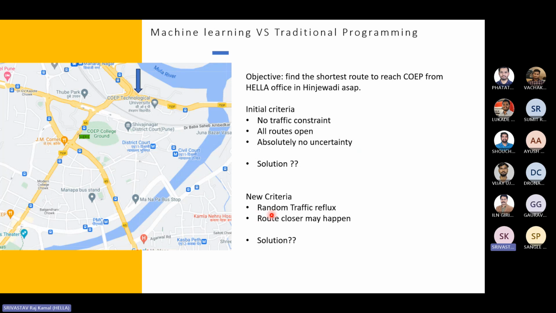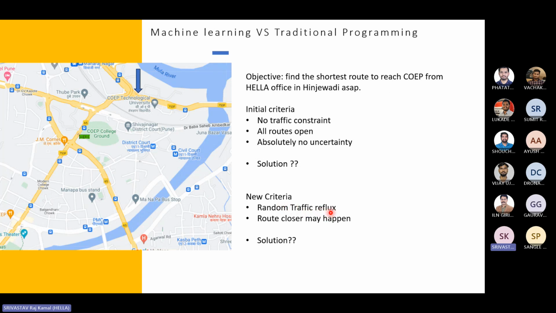Now, if I say that there is random traffic flux, you do not know which route is going to close at any point of time. Some VIP crossing, some of the lines, that route is closed in real time. Now you tell me whether you can tell me the shortest path preemptively. Now we have many uncertainties. What two uncertainties?